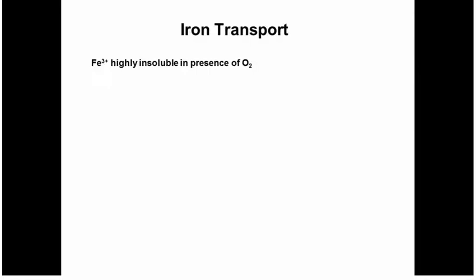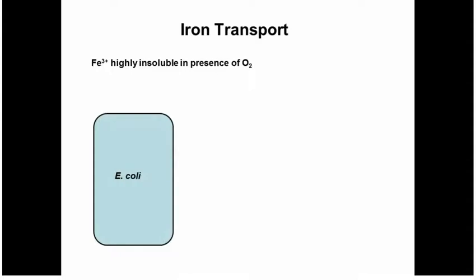So iron 3, ferric iron, is very insoluble in the presence of oxygen. So the concentration of iron in most aquatic environments is very, very low. And that's why a specialized system is needed to pick up the really, really tiny concentrations of iron that exist.